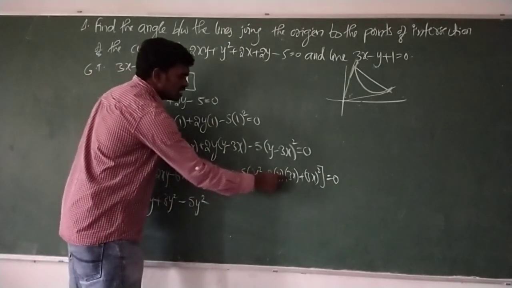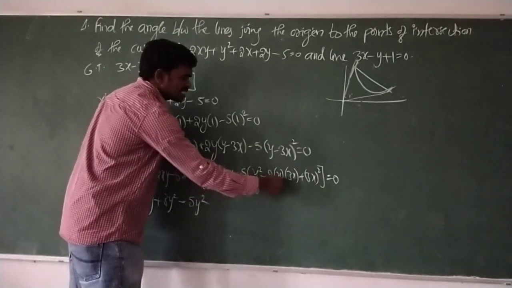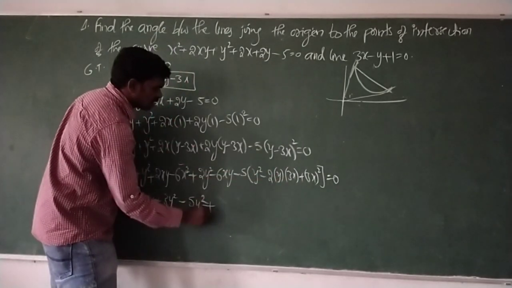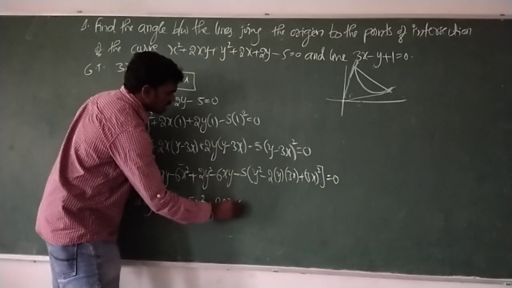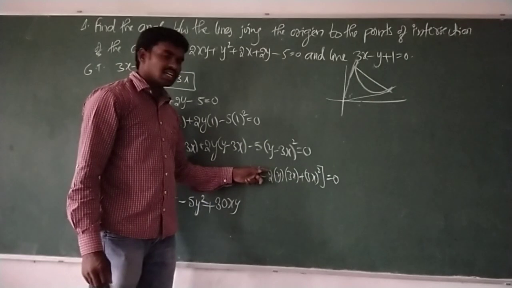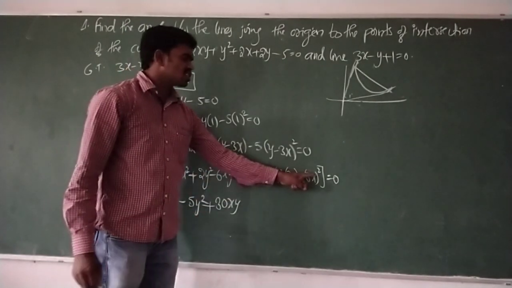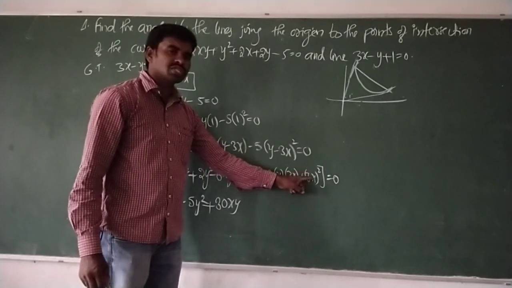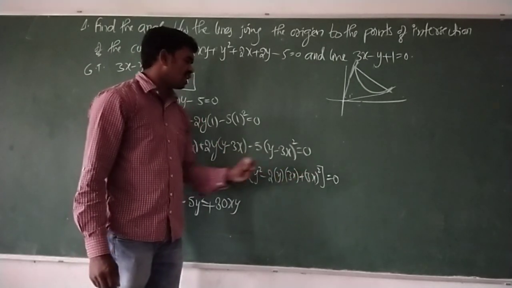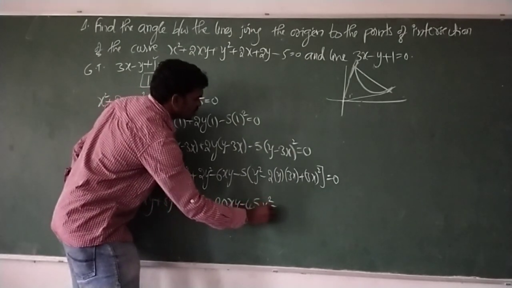See here, 2 3 just 6xy in this. This is minus 6xy. Minus 6xy into minus 5 becomes plus 30xy. Am I right? Simply minus into minus is plus, 5 2 is 10, 10 3 is 30, 30xy. Next 3x whole square. 3 square means 9, x square means x square, 9x square into minus 5, so becomes minus 45x square equal to 0.